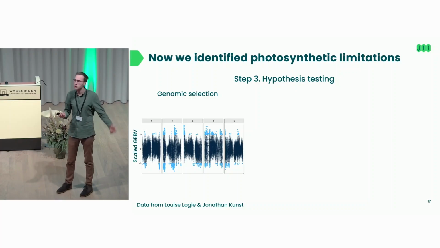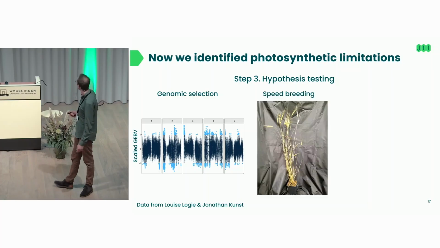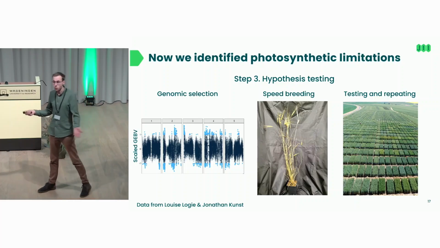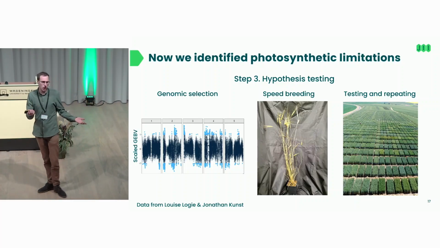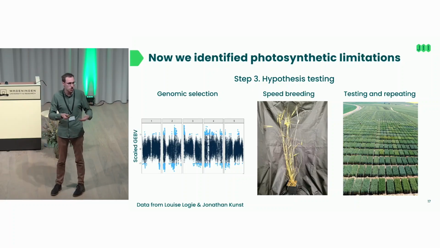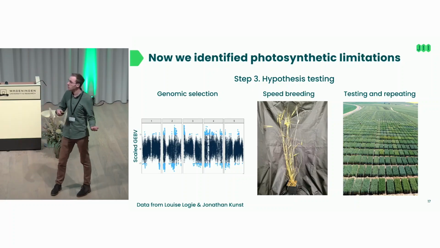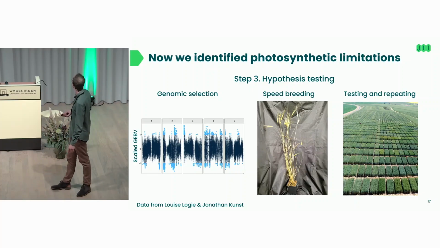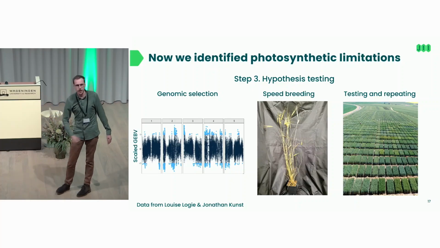So then we develop a genomic selection approach and then use speed breeding to quickly bring that all together and bring it into the field and test whether we were true, whether this was really a limiting factor. Now, the outcome at that point can be that we were right, but then probably it means that there is another limitation again, so that brings us back. It could also be that we're wrong and we have to go back to the drawing board. So you can see a vicious cycle appearing there.